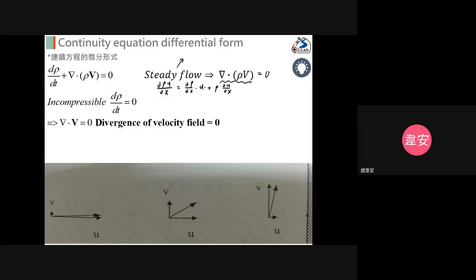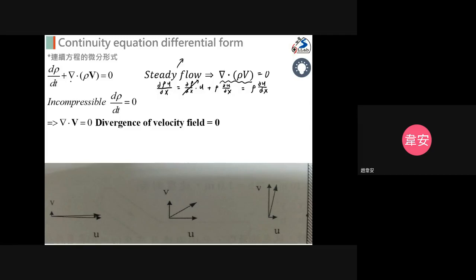If the flow is incompressible, the density doesn't change with the spatial changes. So finally we can take the density outside and it equals du dx. So this equation is only satisfied when the flow is incompressible flow.